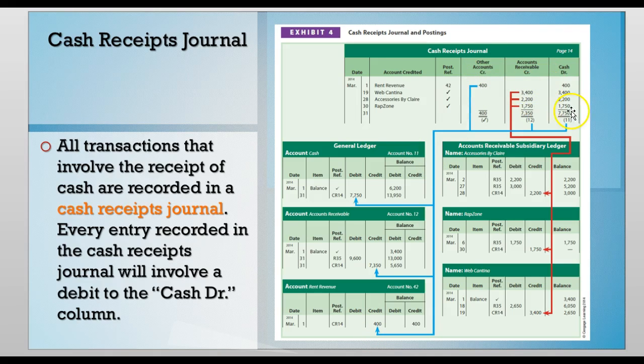So you can see instead of making 1, 2, 3, 4, you're only doing 1, 2, 3 very clean postings to the general ledger, and you're keeping the accounts receivable subsidiary in balance. So this should always agree with the amount that's in accounts receivable in the general ledger. You're constantly checking that to make sure that's true.